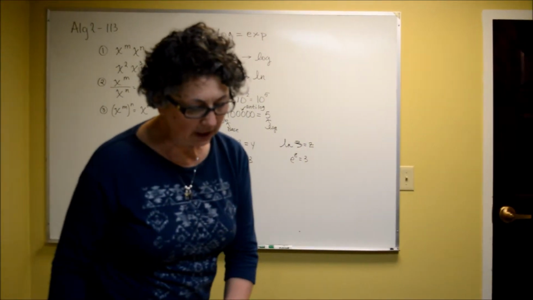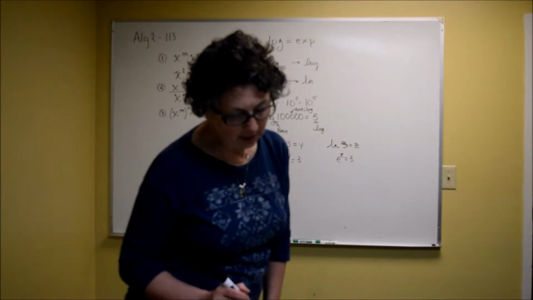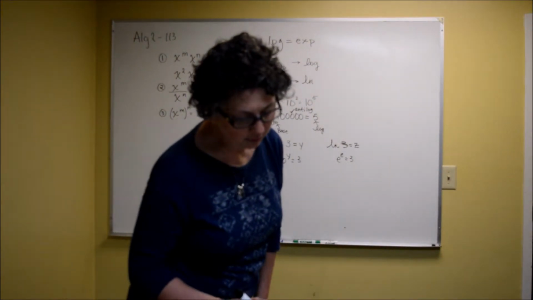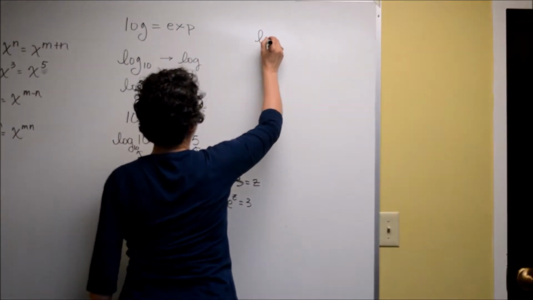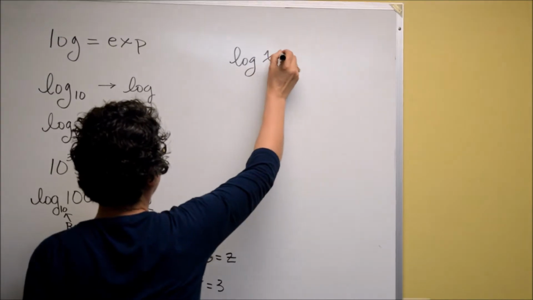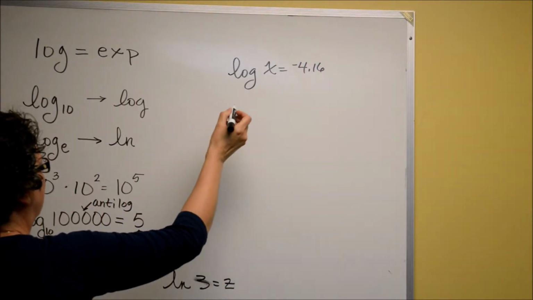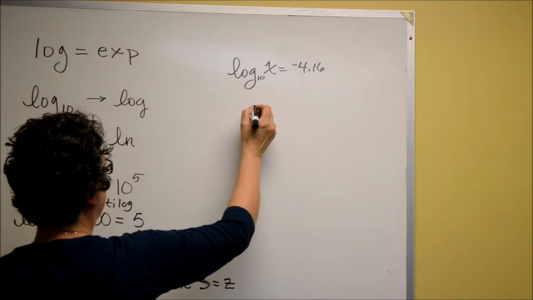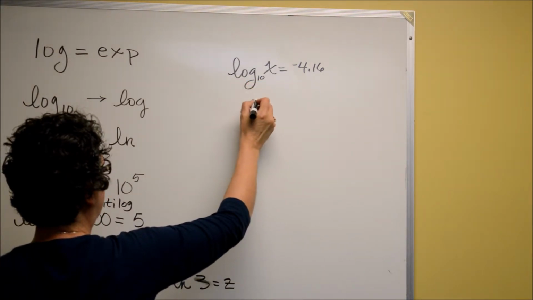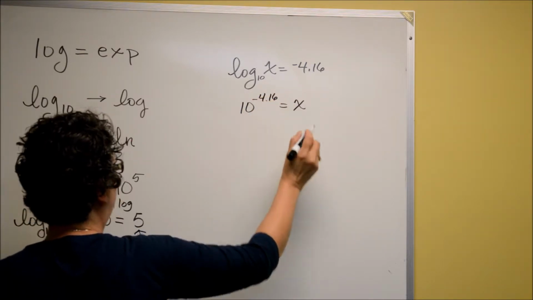One of your practice problems is log of x equals negative 4.16. Log of x is equal to negative 4.16. And because log is understood to be base 10 right there, this says 10 to the negative 4.16 is equal to some number.